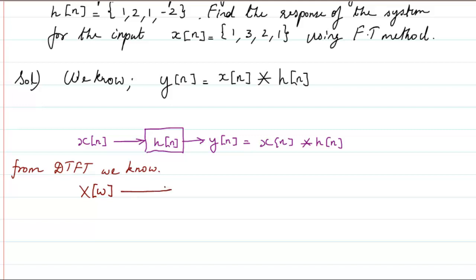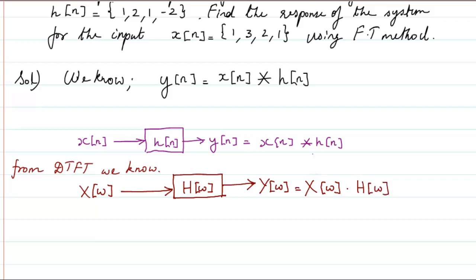That is given as an input to h of n, whose Fourier transform is H of omega, and the output is capital Y of omega. And what is the equation of capital Y of omega? It is simply X of omega multiplied with H of omega.